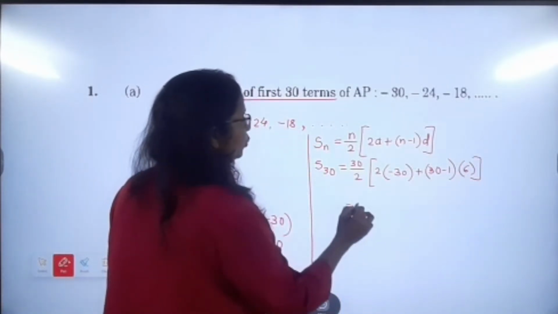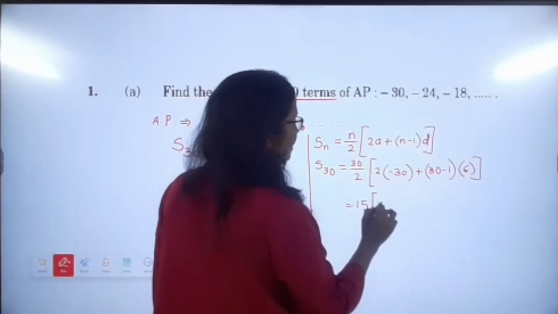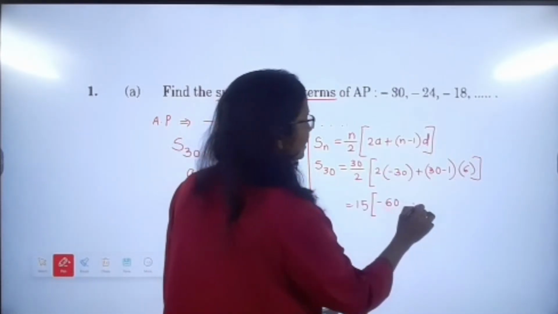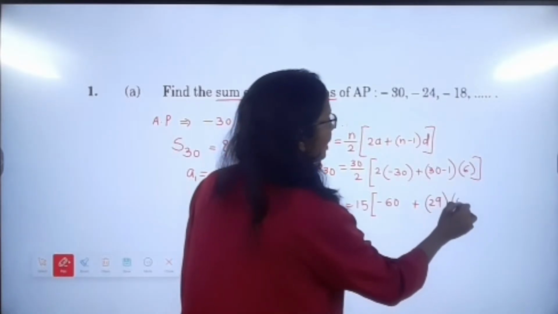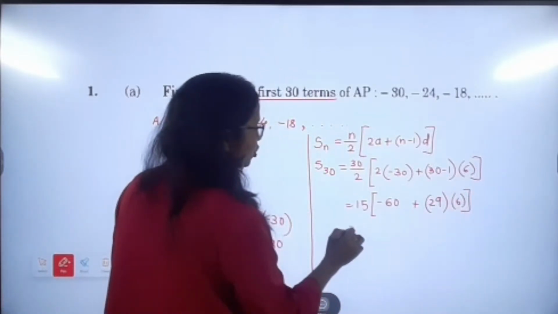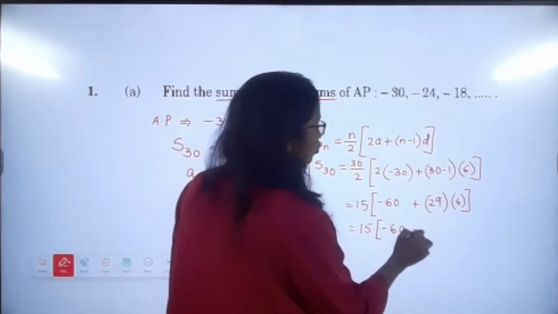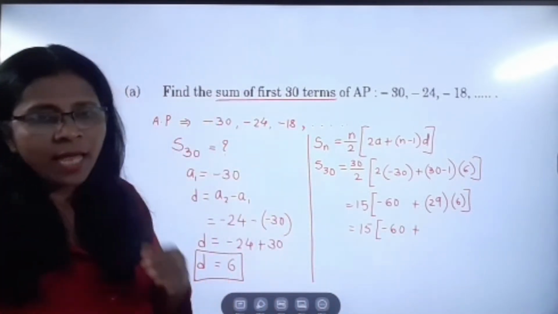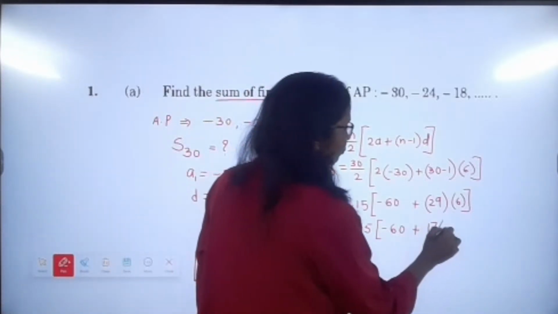Here 30 upon 2 is 15. In the bracket, 2 multiply minus 30 is minus 60, then 30 minus 1 is 29, multiply 6. So 15 times the bracket minus 60 plus 29 times 6. Here 29 times 6 is 174.